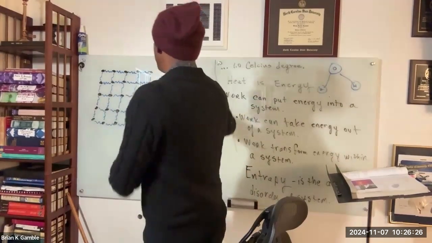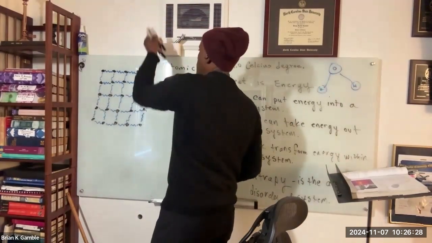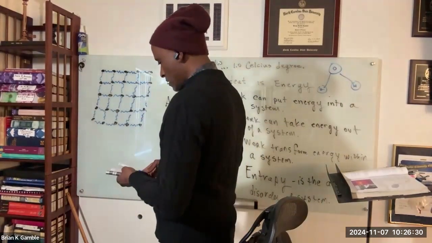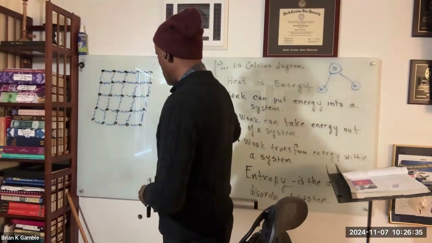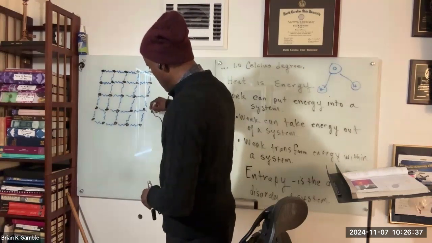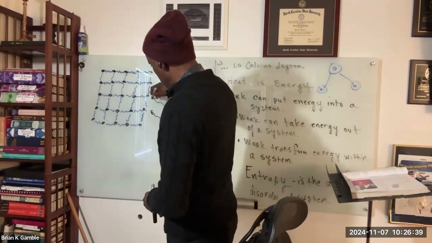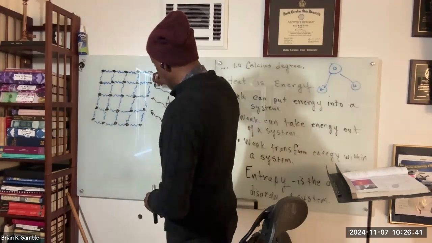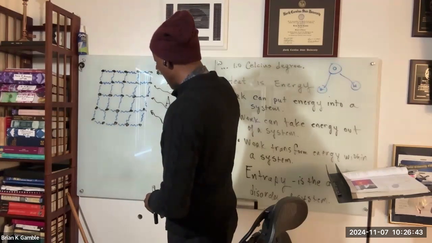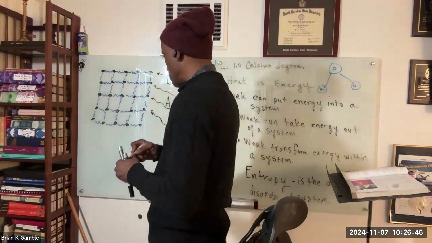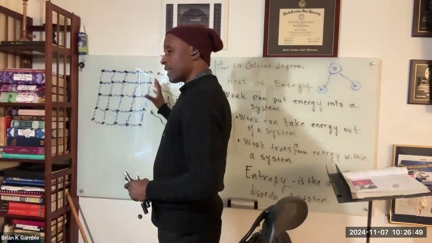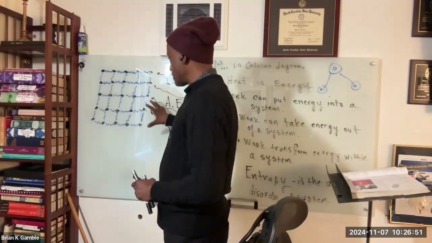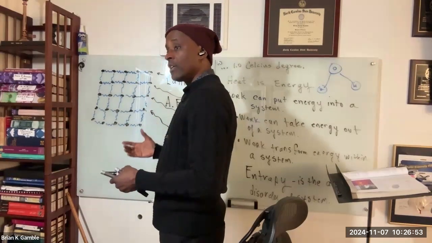So, I'll just recap real quick. With this atomic model here, the atomic lattice, for some reason you might have energy incident on the material from this side, whether it's light or an electromagnetic wave or even friction, causing the kinetic energy of the molecules on this side to increase.